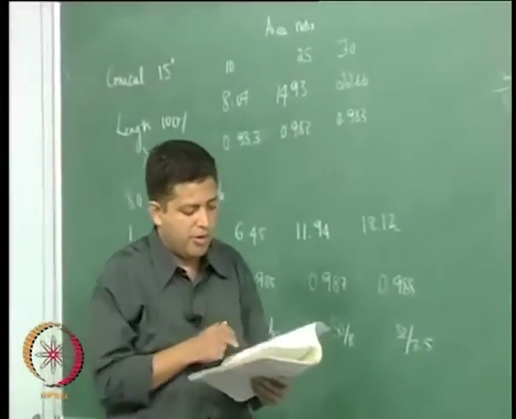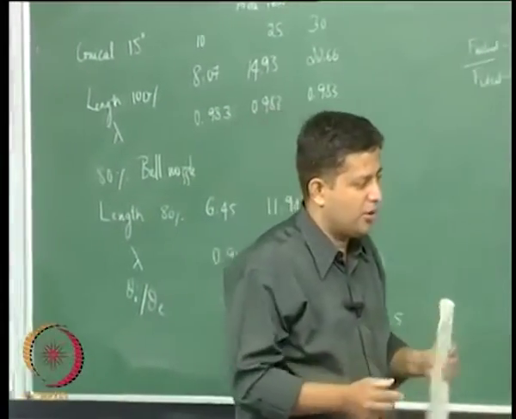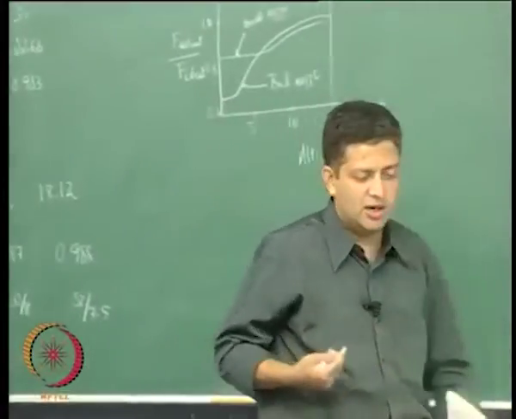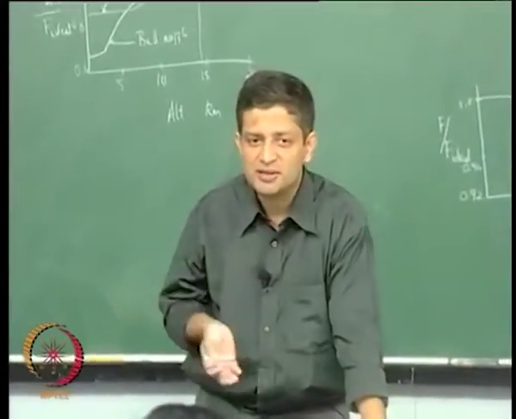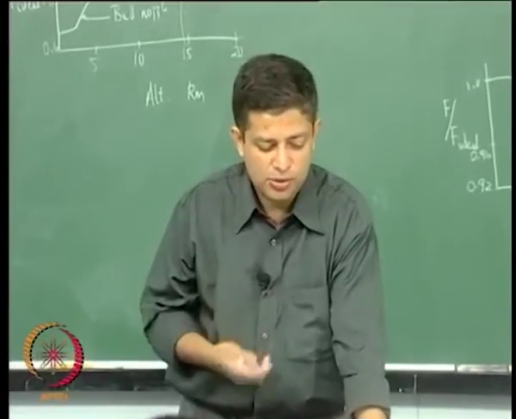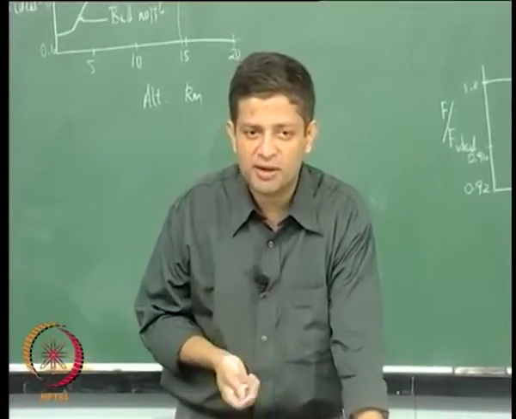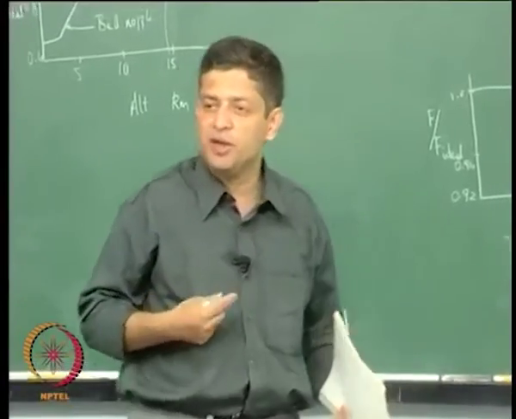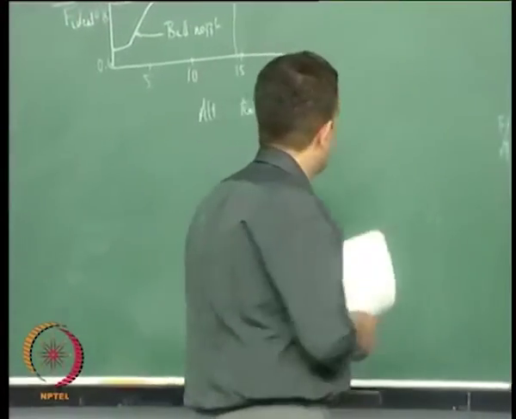Okay. But this is about the first component, that is the difference between real and ideal conditions that we had assumed. Now, let us look at the non-isentropic factors. How do they contribute to the reduction in specific impulse?